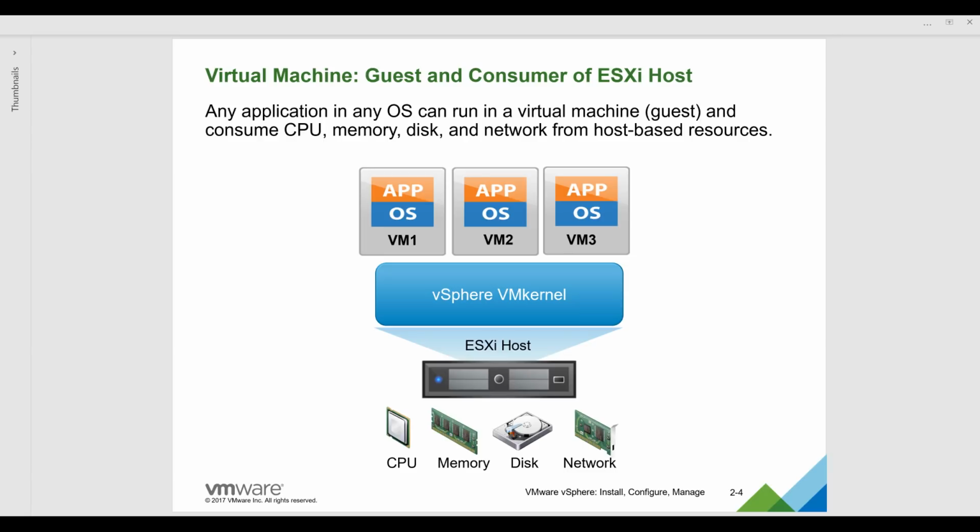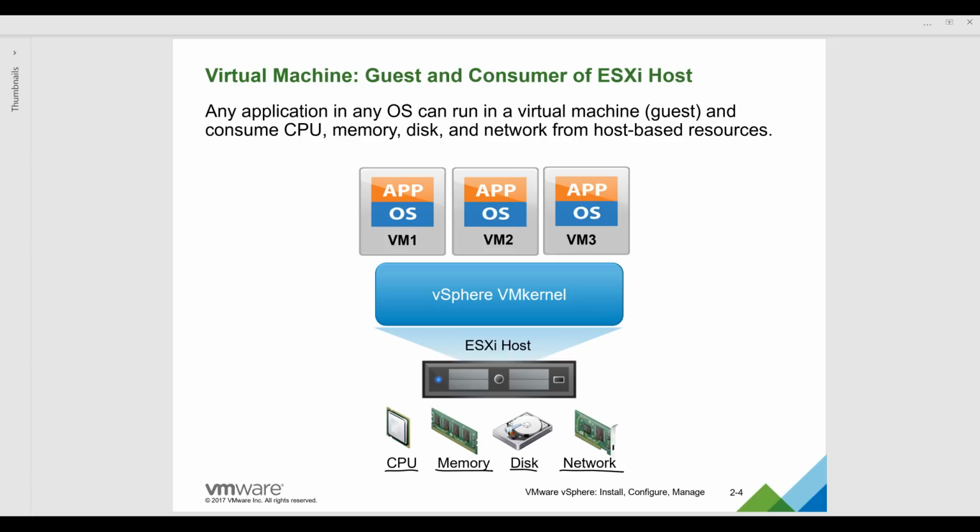A virtual machine is an abstraction of software of a physical machine that turns its components into files that act like physical components. So as you see in this slide, we have our physical CPU, our memory, our disk, and our network.